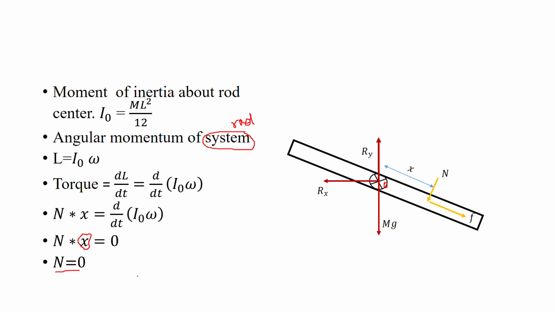Now this gives a big doubt regarding this normal reaction, frictional force and all that. I will explain it one by one. This normal reaction equals 0 doesn't mean, as we know, that this will lead to the leaving of the contact of the surface, but this actually does not happen because there are other forces which constrain the insect to move in the given direction. And similarly, there is a doubt that if N is 0 then F will be 0.